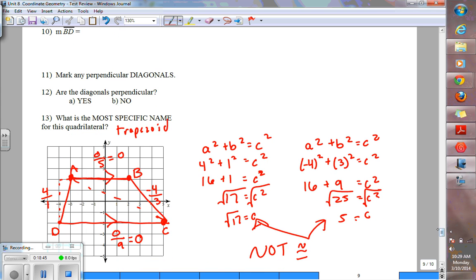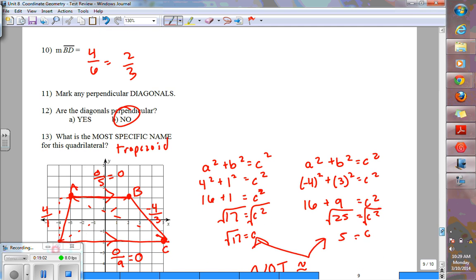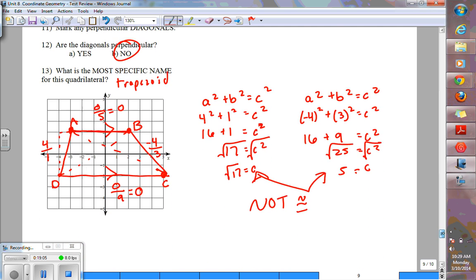And then the slope of BD, I'm rising 1, 2, 3, 4. I'm running 1, 2, 3, 4, 5, 6. Which reduces to 2/3. My diagonals are not perpendicular. We already know that we're dealing with a plain trapezoid here.